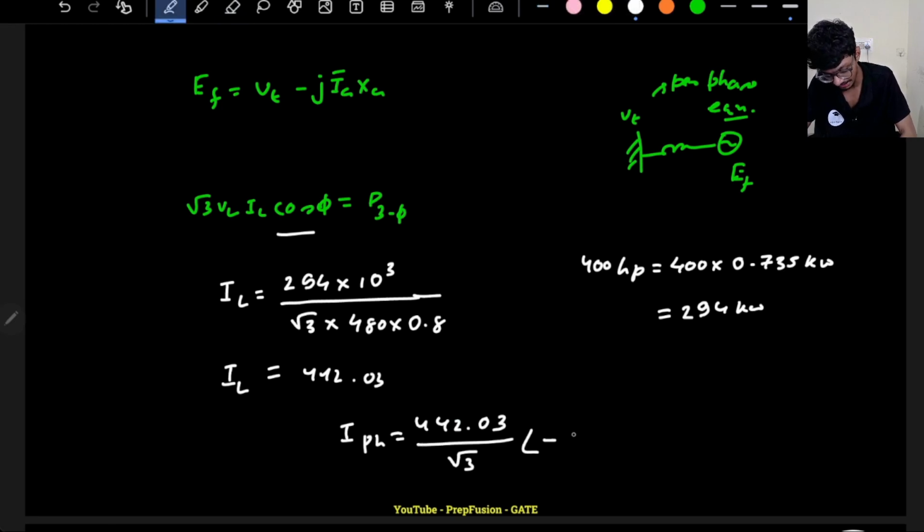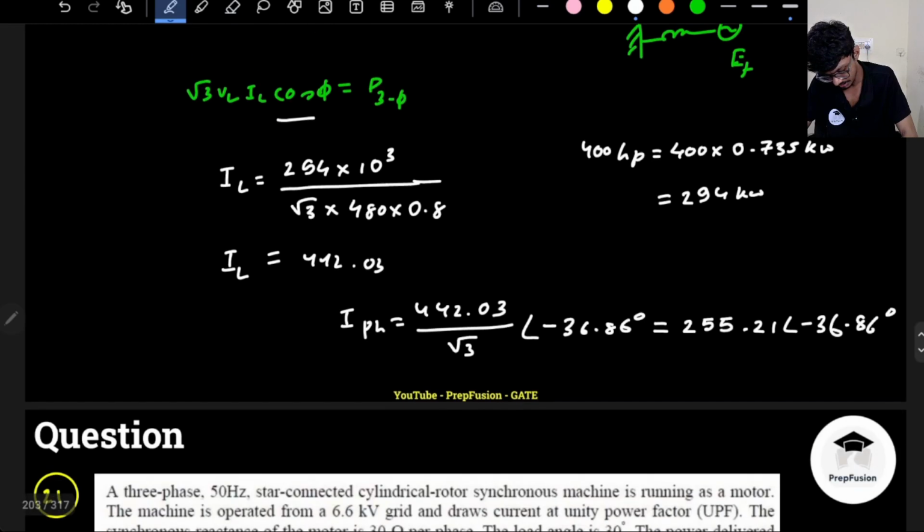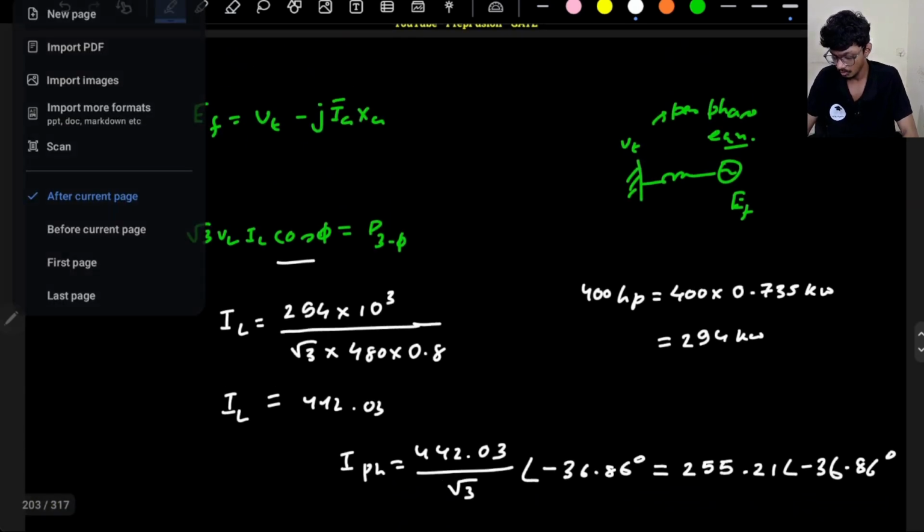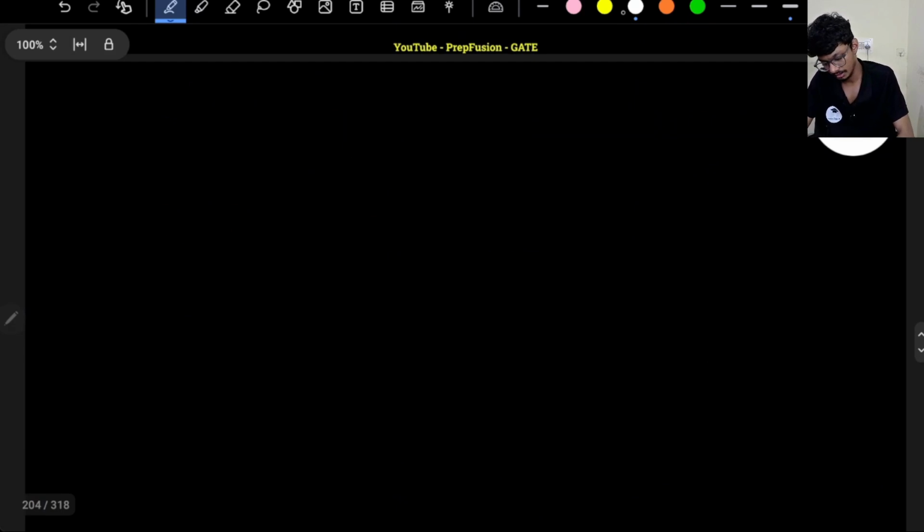The angle is given, it is lagging 36.86, since 0.8 power factor is 36.86. So it is 255.21 angle minus 36.86.